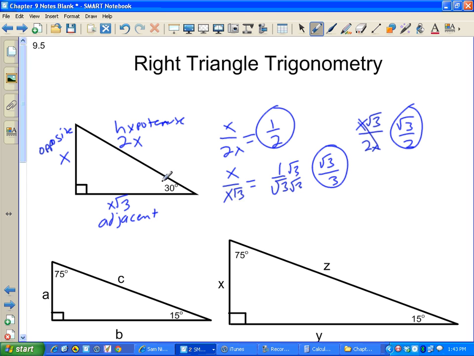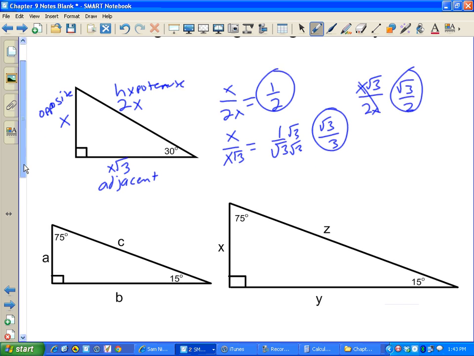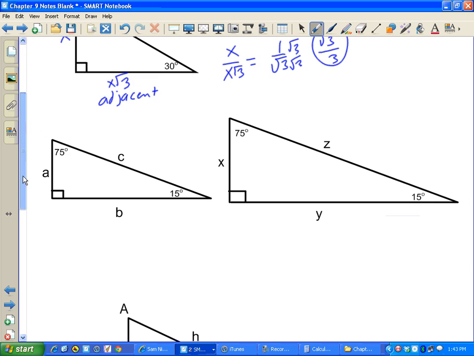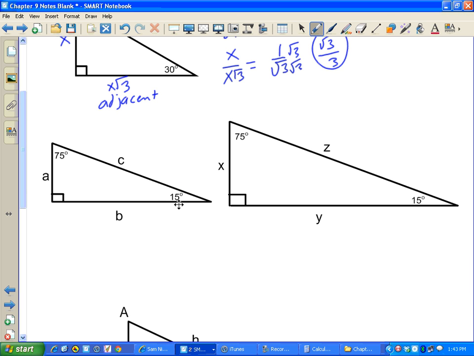Now, this isn't only the case for 30-degree angles. I could do the same thing for 60-degree angles. In fact, I could do it for any angle that I want to. So if I were to look down here at like a 15-degree angle, and I wanted to compare the opposite side to the hypotenuse, a over c, and in this similar triangle, I want to compare the opposite side to the hypotenuse, these ratios are going to be the same.